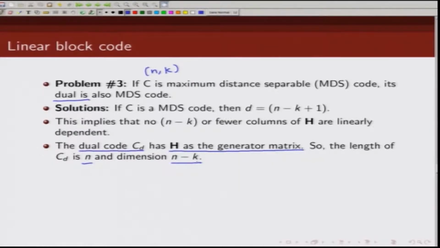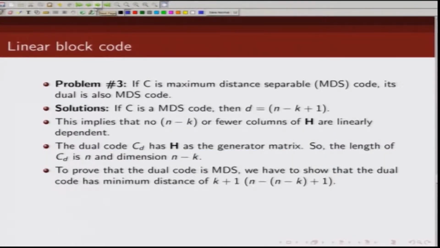Now, to prove that this dual code, which is specified by the parameters length n and dimension n minus k, is maximum distance separable, we will have to show that its minimum distance is d_min equal to n minus the dimension, n minus (n minus k), plus 1. So, we will have to show that the minimum distance of the dual code is k plus 1.